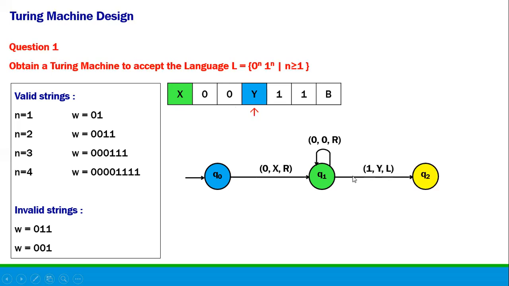How many times does it have to move left? Till I get x, because once I read the x, I am sure that the very next symbol will be 0 again. So again I read all the zeros and I don't do anything, I just keep moving to left, but of course I have changed the state here.